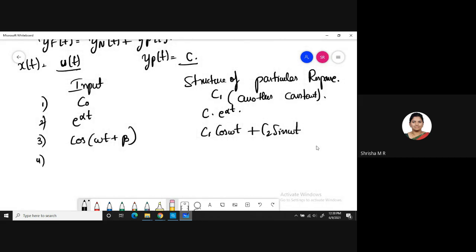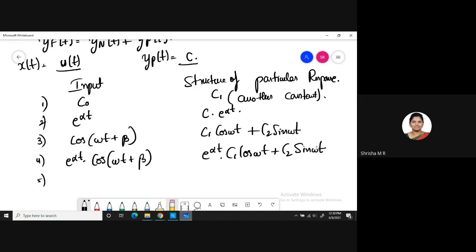Next, you have e power alpha t into cos of omega t plus beta. If your input is of this form, then the particular response will be e power alpha t into C1 cos omega t plus C2 sin omega t. You have to remember all these things. This tabular column for structure of natural response and structure of particular response you have to remember.